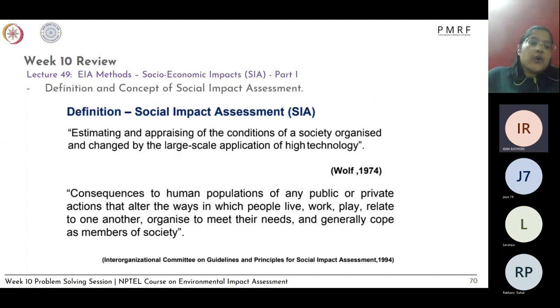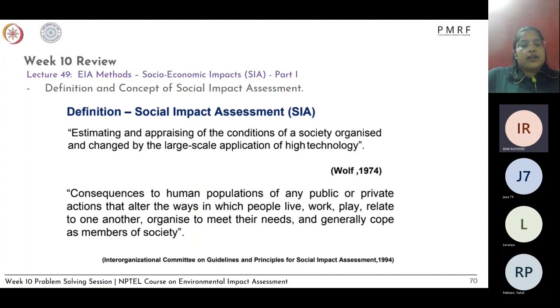So moving on to lecture 49. Lecture 49 and lecture 50 are both on IA methods around socioeconomic impacts, or SIA, and they are divided into part 1 and part 2. In lecture 49, we looked at the definition and concept of social impact assessment.